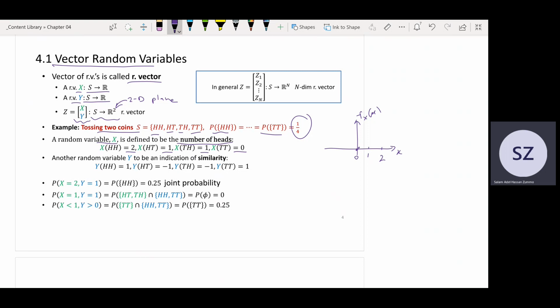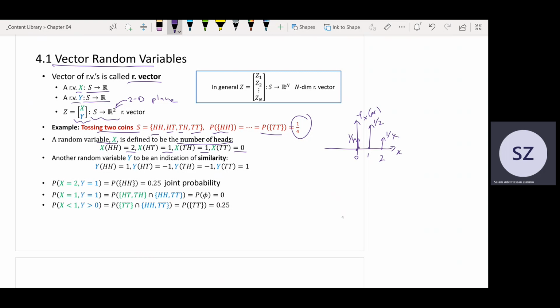What was the probability of 0? 1/4. What was the probability of 1? 1/2. And the probability of 2 is 1/4. This is x.